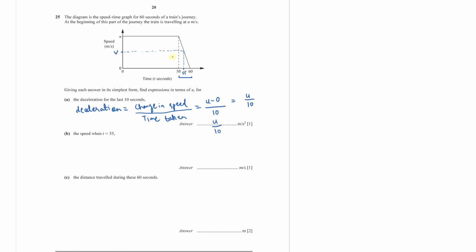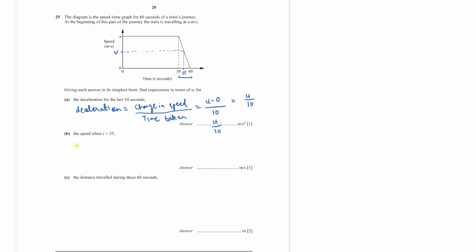Since this is a straight line, I will have the same gradient no matter which two points I use to calculate this value. So let's say we use this value v and 55, and the other is u and 50.